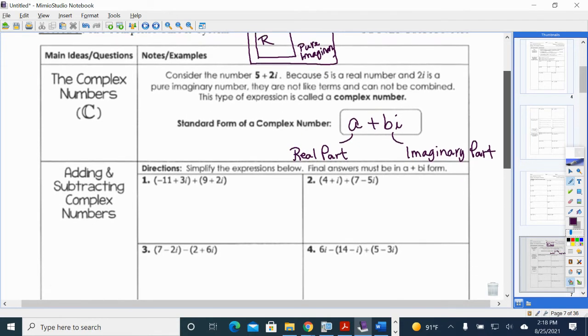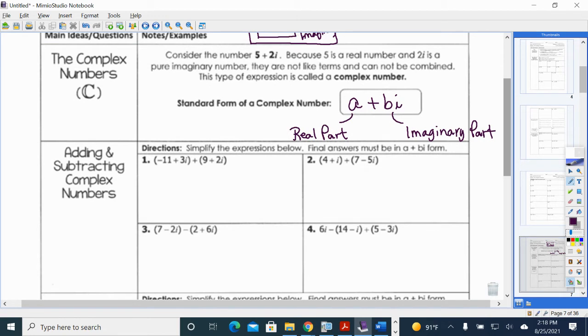Always. All right, let's look at adding and subtracting complex numbers. To add or subtract, basically you're just combining like terms. It says to simplify the expression below, final answers must be in a plus bi form. So number 1 says negative 11 plus 3i plus 9 plus 2i. So we're just combining like terms.